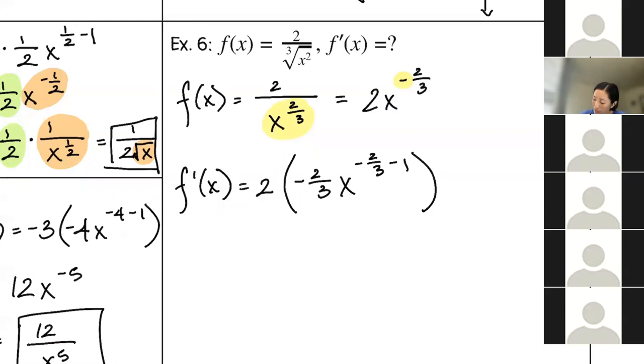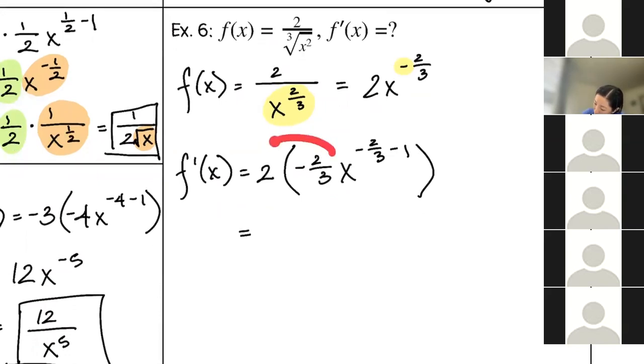Now you'll notice that I tend to put my parentheses in more often than not. If I remove these for a moment, I've definitely seen some students who write it like this, and then all of a sudden they're subtracting those powers in the front instead of multiplying. So that's why I like to put the parentheses there, right? We don't want to leave ourselves a trail of unuseful breadcrumbs. We want to be really helpful to ourselves about how to move forward.